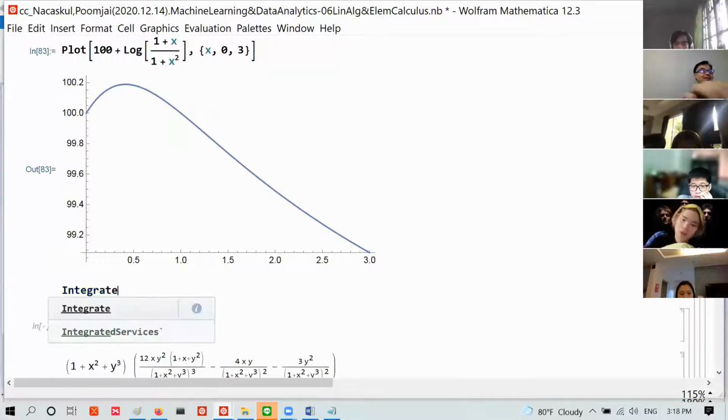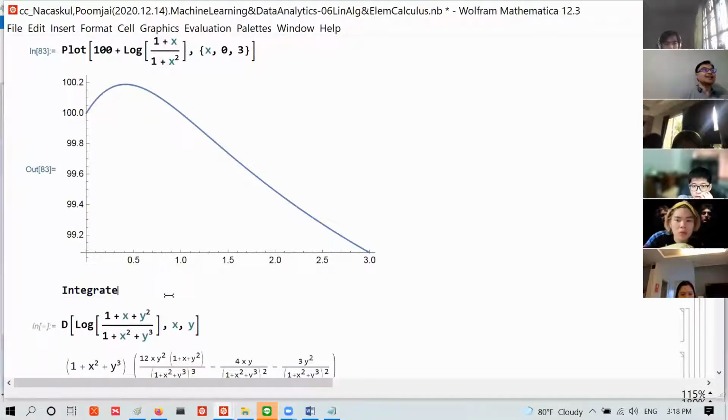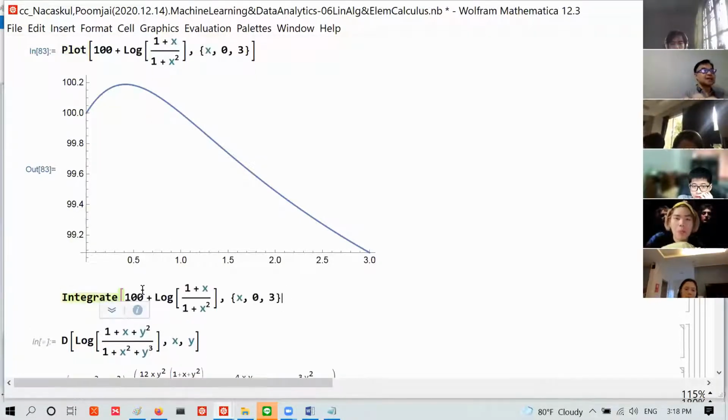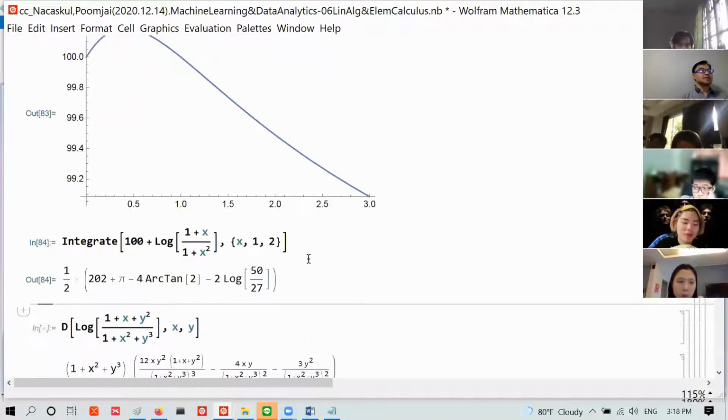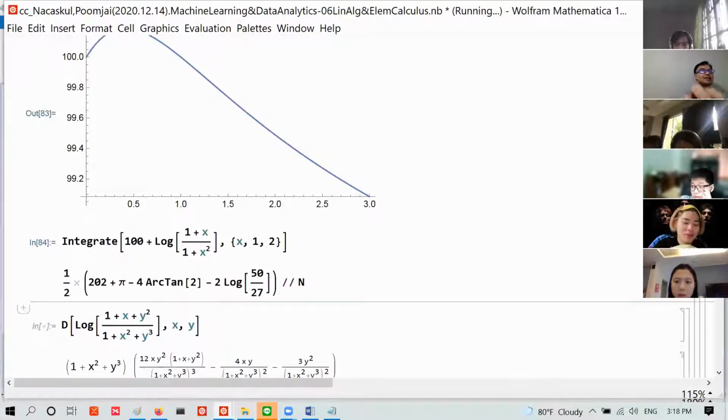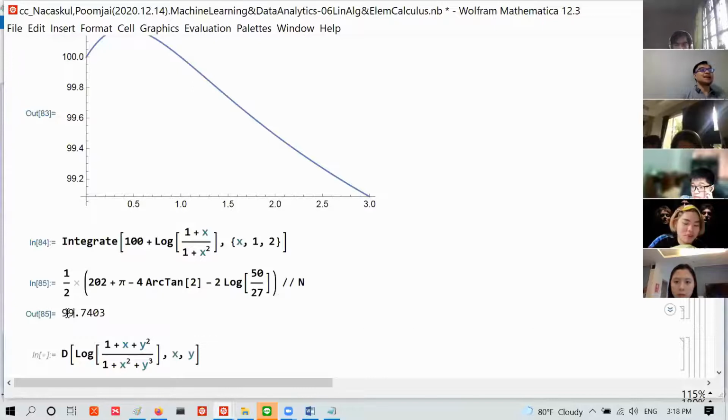Integrate this function here, between 1 and 2. It gives you some value. Now, I don't know what that is. Numerically, it's giving you something like 99. So that's the area between 1 and 2, this block here.